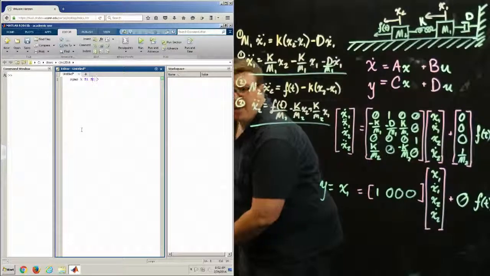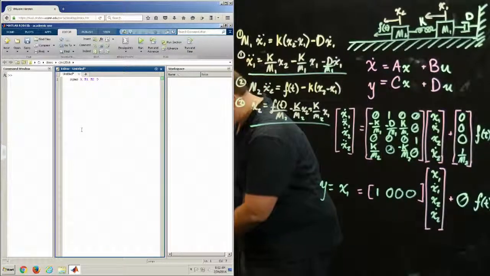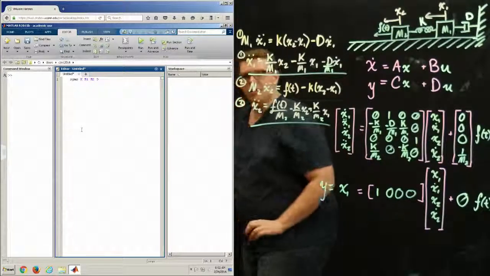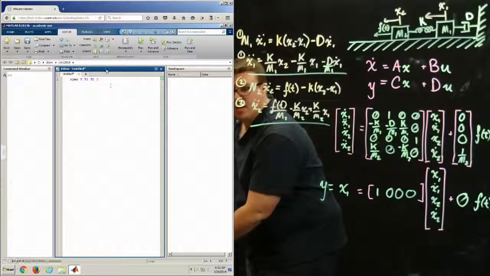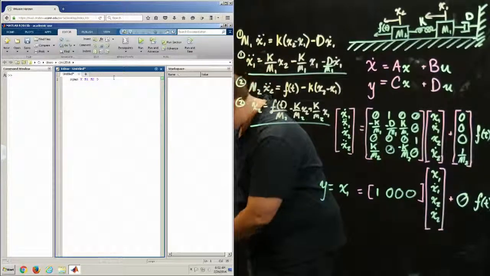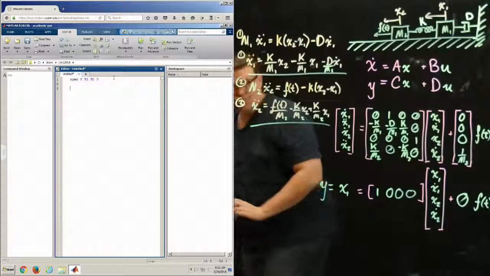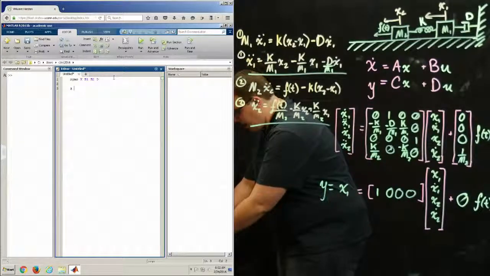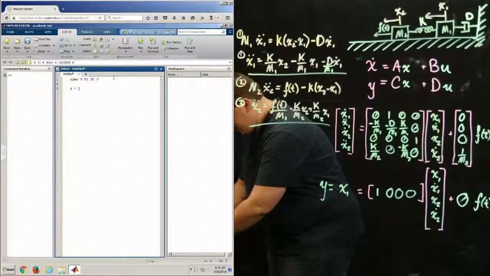I'm going to make that a capital K, just to know that I'm always using capitals. And so what we want to do is build these matrices. The matrices here are A equals, so we have 0, 1, 0, 0.